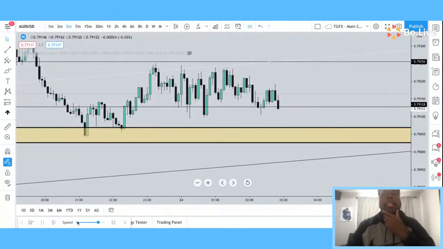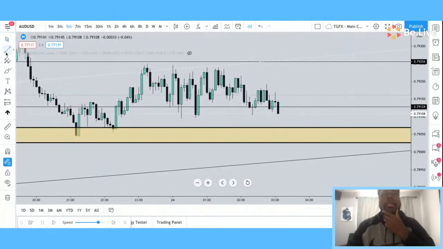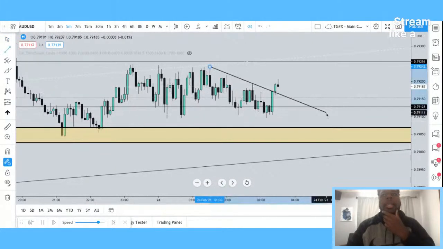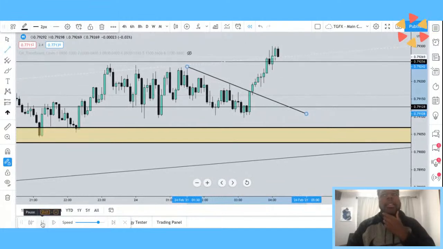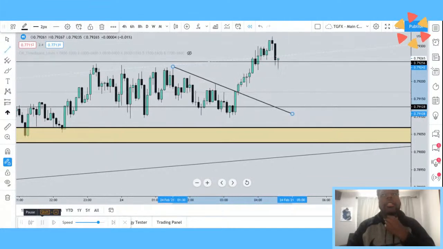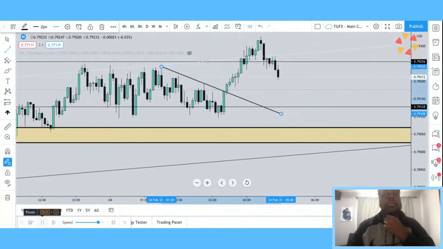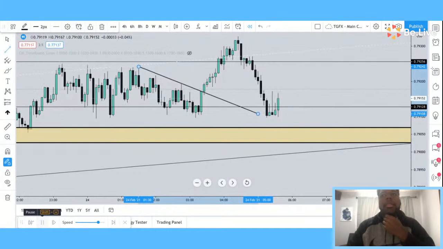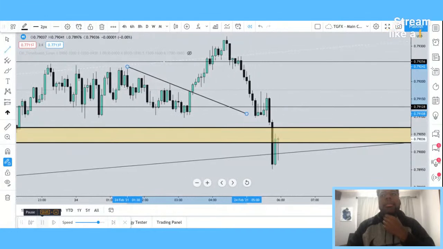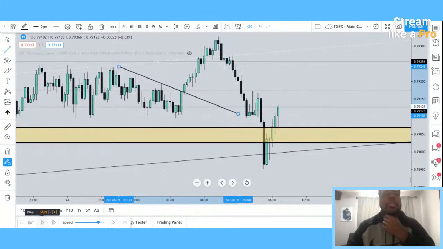And we can automatically see price is maintaining a trend line here, making lower highs and lower lows. Price breaks out. All right, price crashes even lower. Boom. At this point here, it actually taps our zone again.